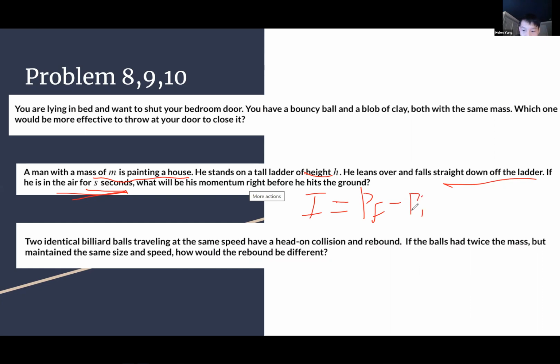And you know that his initial momentum is zero since he's leaning over, so he has no velocity, and then his impulse, force times delta t, is equal to the final momentum. So the t is S seconds, and the force, since the only force acting on him in this situation would be gravity, it would just be mg, g being the gravitational constant. So the final momentum would be mg times S.